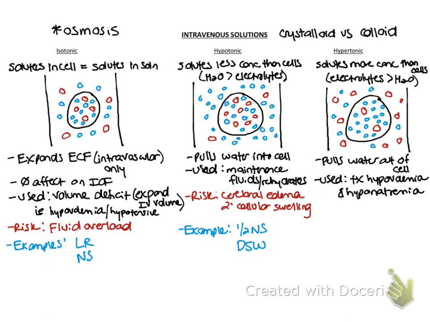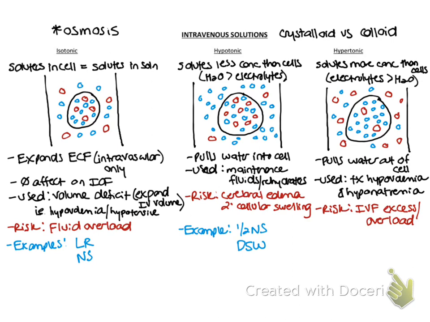It can be used to treat hypovolemia, but also hyponatremia. Hyponatremia, that's what you use hypertonic solutions for. Again, you have a risk of fluid overload because so much fluid is coming out of the cell. This one, you're just filling up the intravascular space.